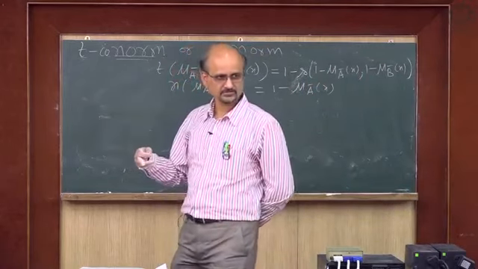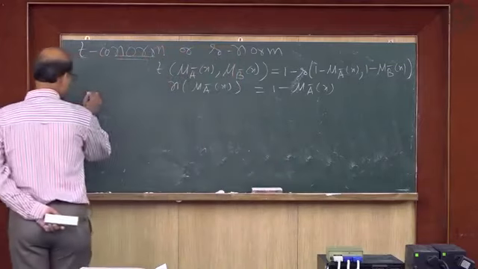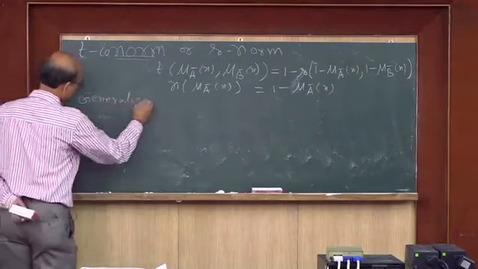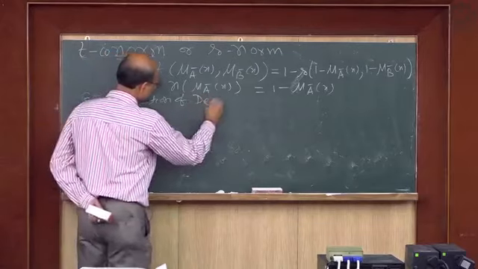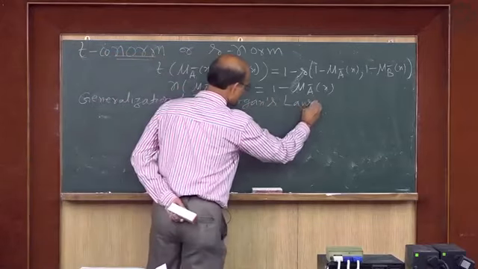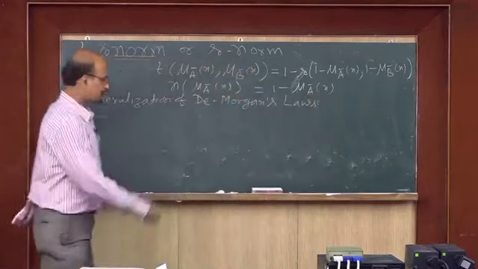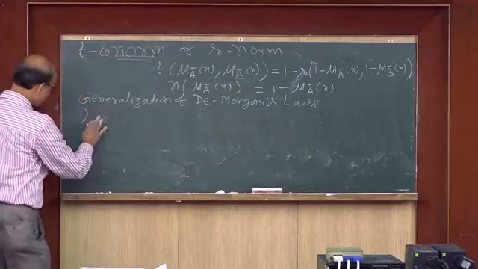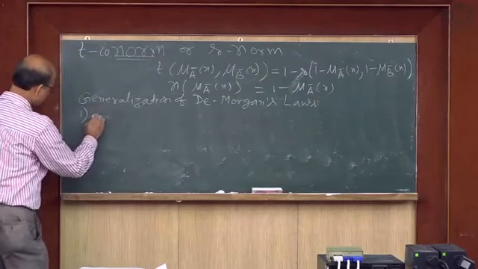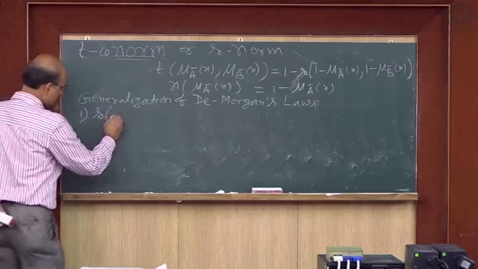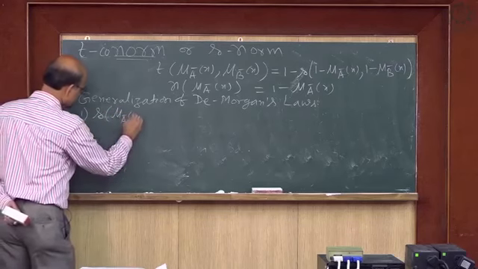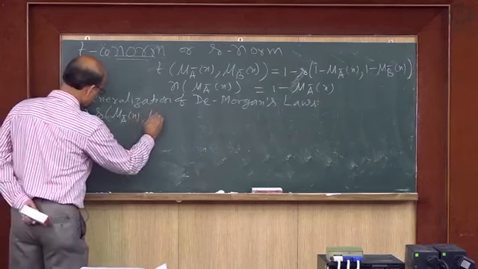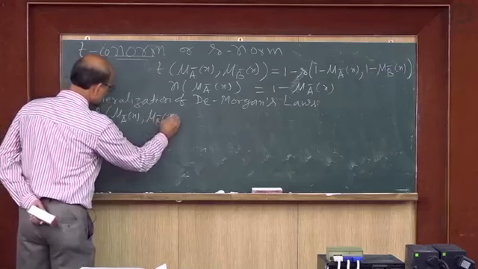De Morgan's laws. Remember De Morgan's laws? So, generalization of De Morgan's laws. For s, I write like this: s of mu a bar x and mu b bar x.